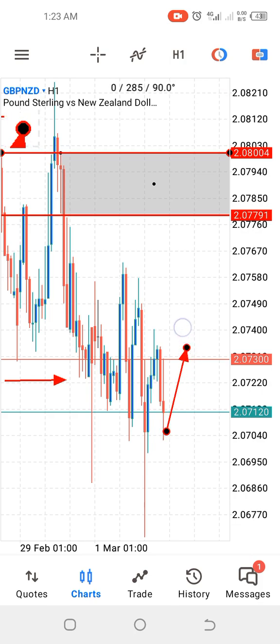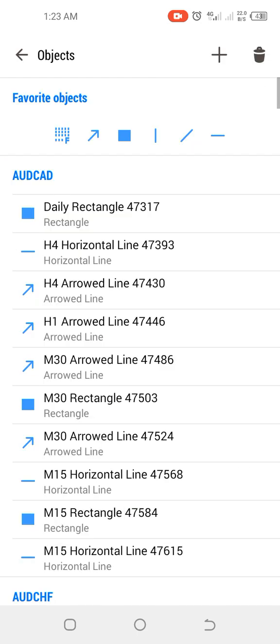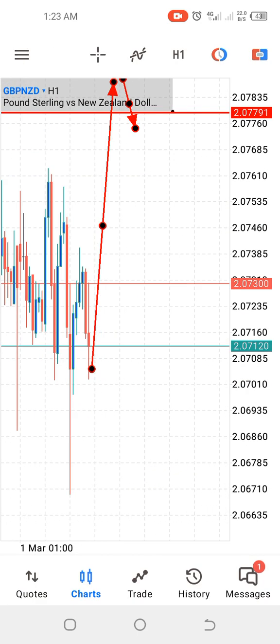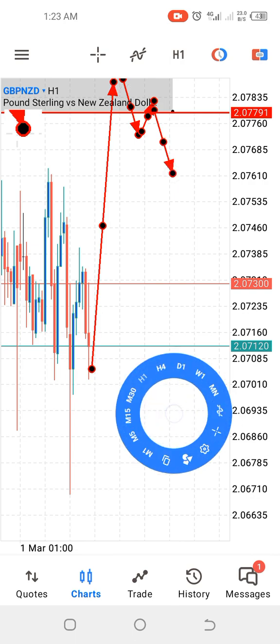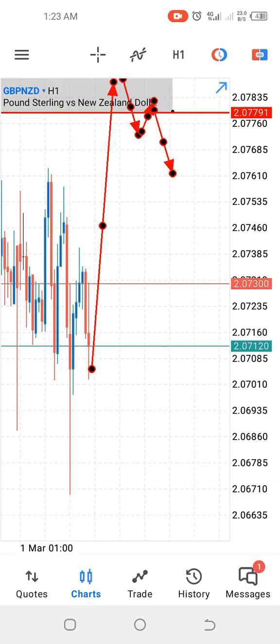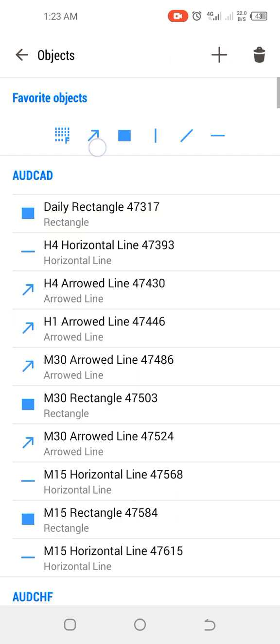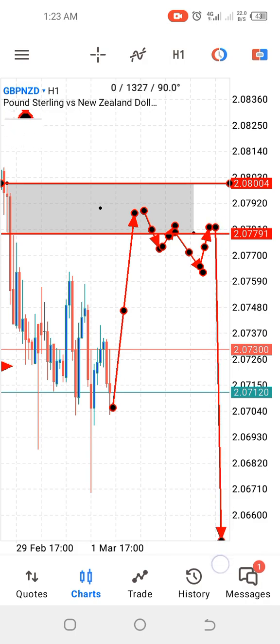After all this move, it will come back to the zone right there, then make some break of structure on the lower time frame like that, leaving another supply zone on the smaller time frame before the final push to the downside.